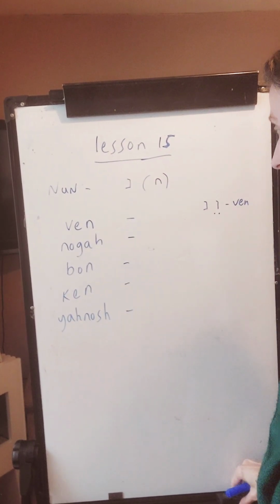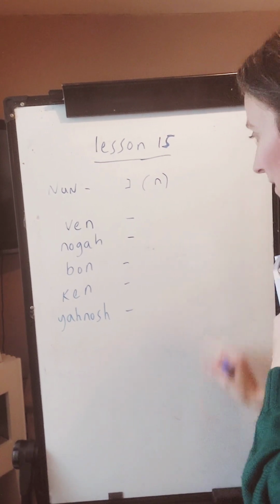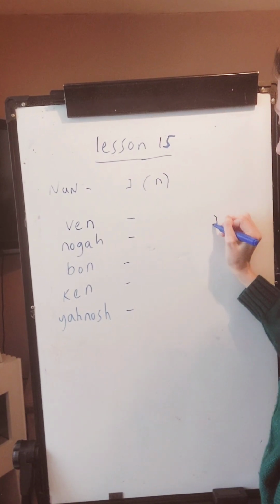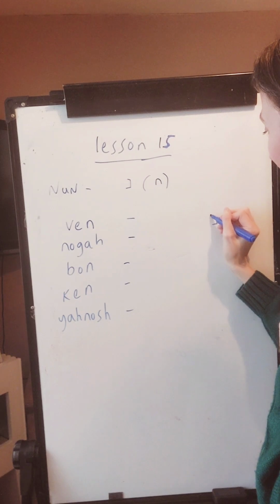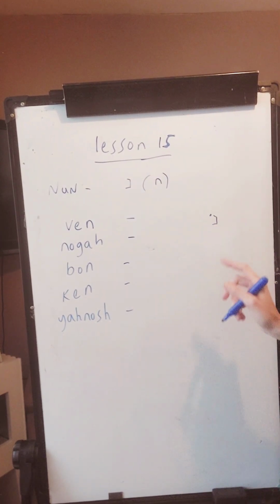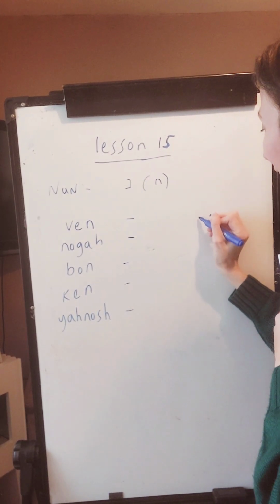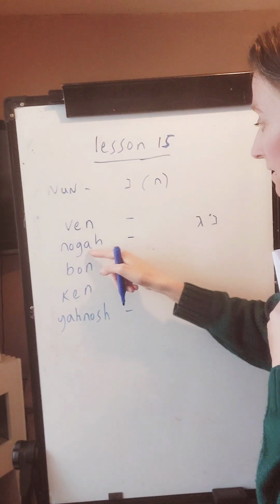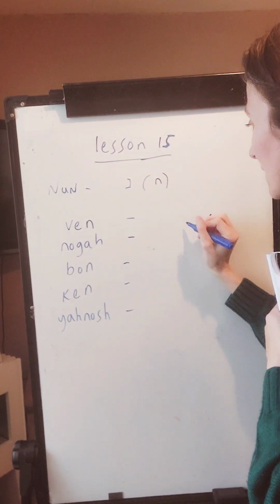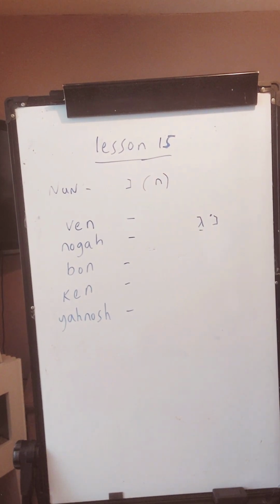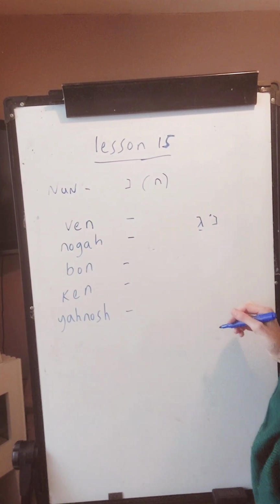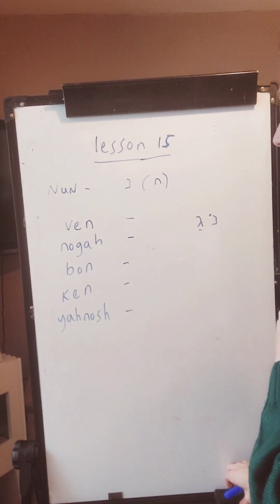Nogah. So Nogah, we need the O vowel, so we could either put the dot or we could use the vav with the dot. No, so ga, we need the G, it's the A vowel underneath. Nogah, because we haven't done the H yet. So I'm only using the vowels and letters that we've done so far.